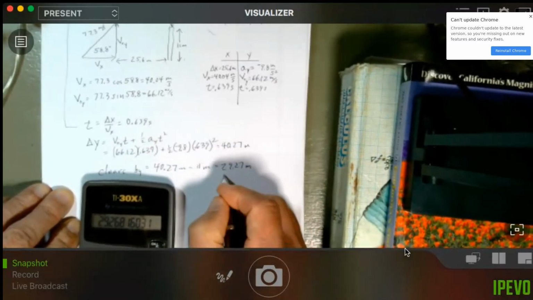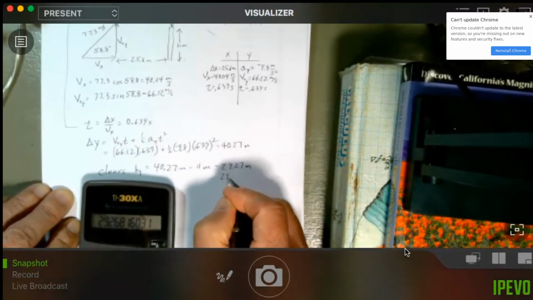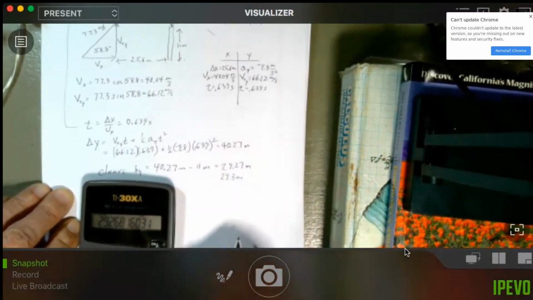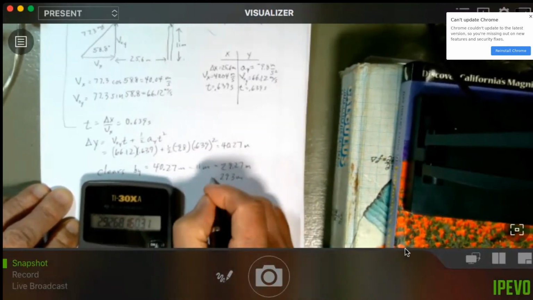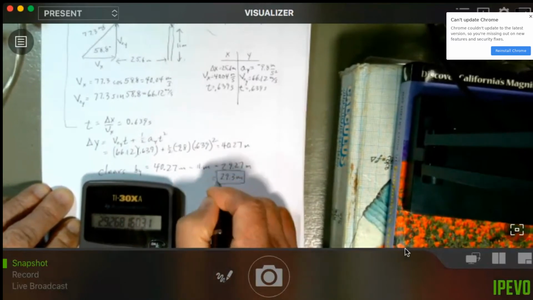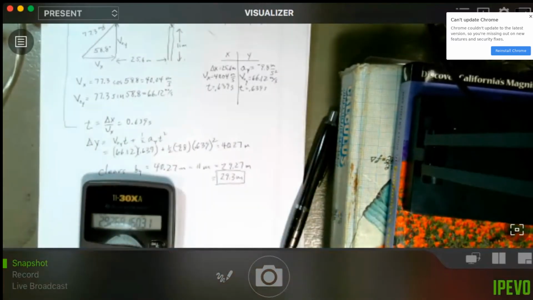We really only have 3 sig figs, so I'm going to call that 29.3 meters. And that's it. All right. I hope that was helpful.